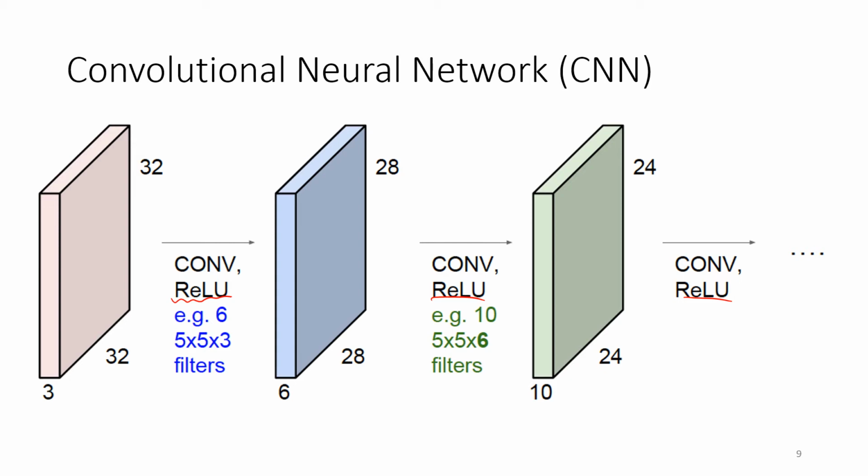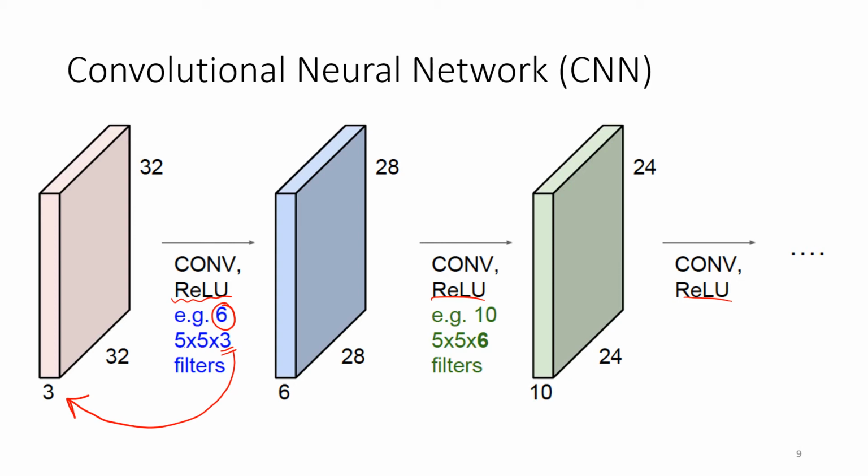We have 6 filters, each of size 5 by 5 by 3, and this 3 basically comes from here. So at the end, we get 28 by 28 by 6 outputs in this layer, and we pass this through an element-wise ReLU, like fully connected layers.